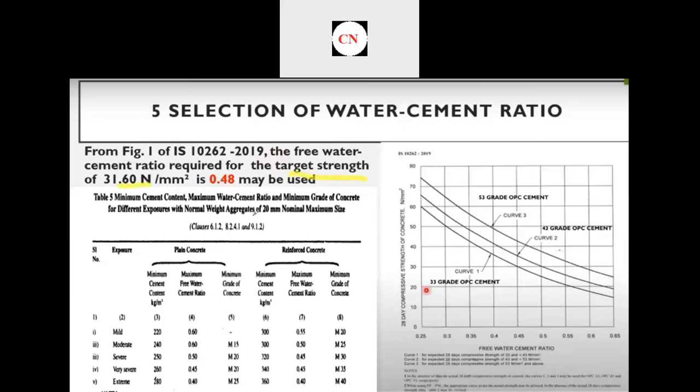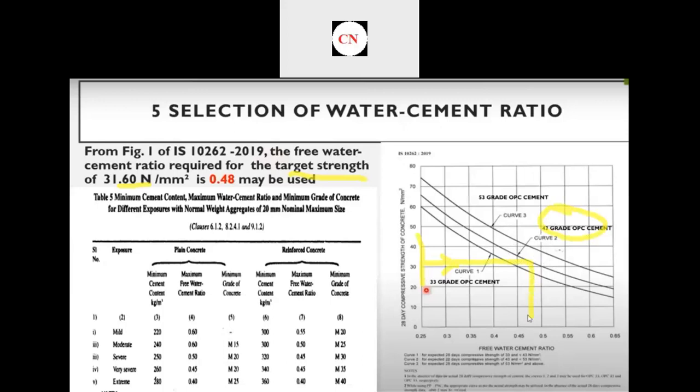The target compressive strength in our case is 31.6, which lies somewhere here. From this vertical axis, you draw a horizontal line until it cuts the middle curve. Why the middle curve? Because we are referring to OPC 43 grade.